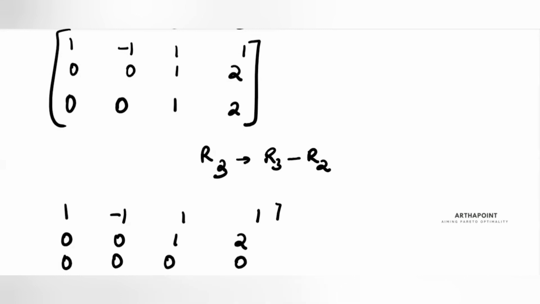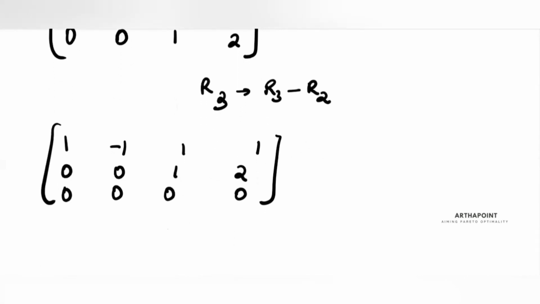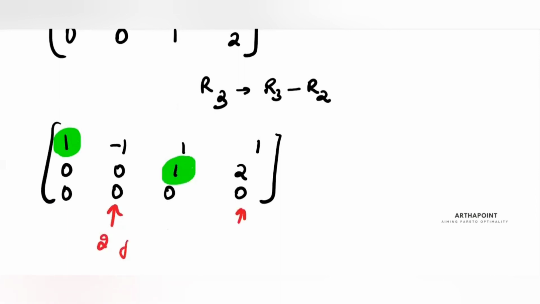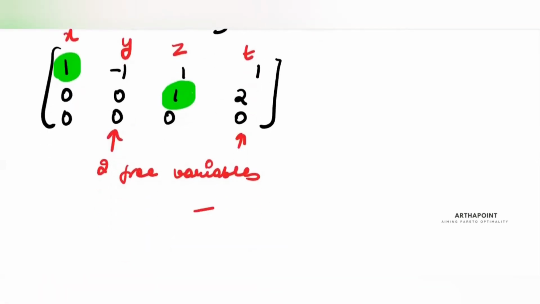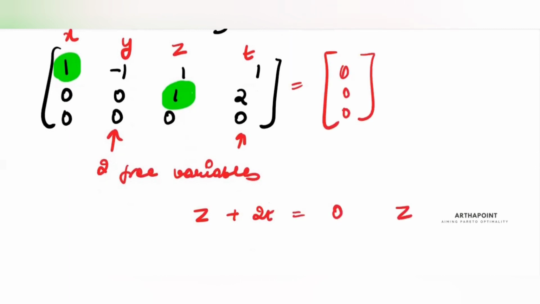So which are the pivots that you get? You get only two pivots, this and this. So there are two free variables. Now if I put back x, y, z, t, I am saying that z plus 2t, equate this to zero. Z plus 2t is 0, then z is minus 2t.